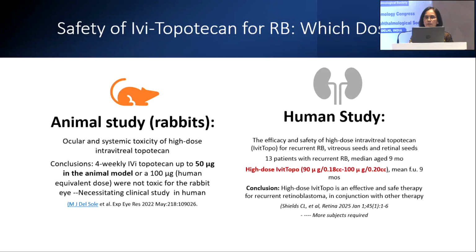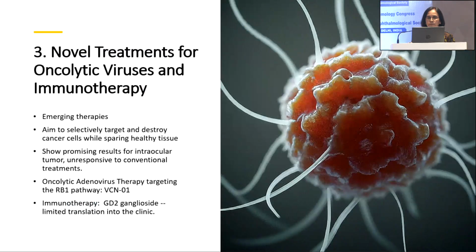And then a recent study in humans reported high dose intravitreal topotecan 90 to 100 microgram is an effective and safe therapy for recurrent retinoblastoma in conjunction with other therapy. Of course, this is not enough subjects, and more subjects are required to validate the result.